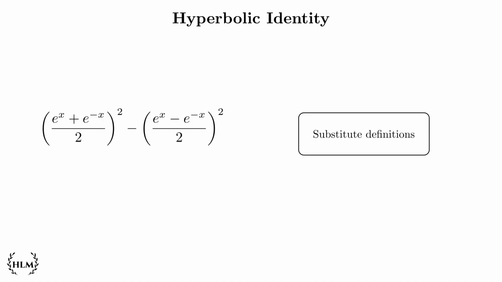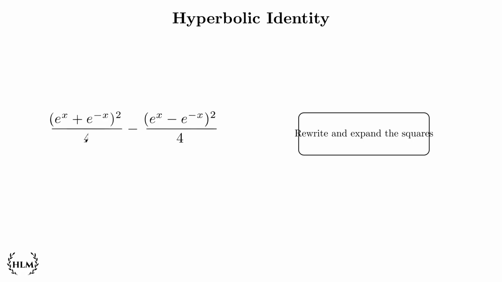So now we have to expand the binomials for each. Let's start with cosh. So e to the x times e to the x, which is e to the 2x by the power law.